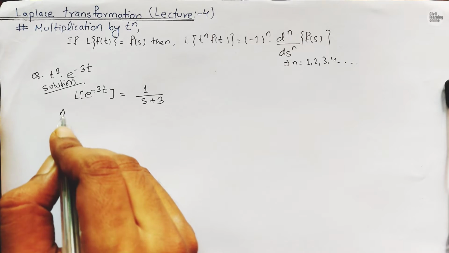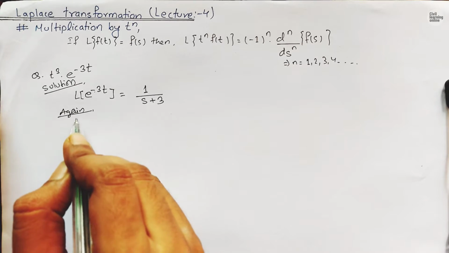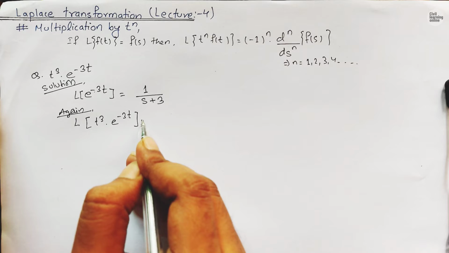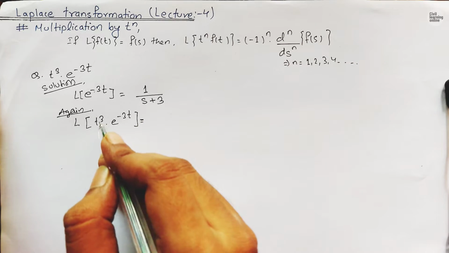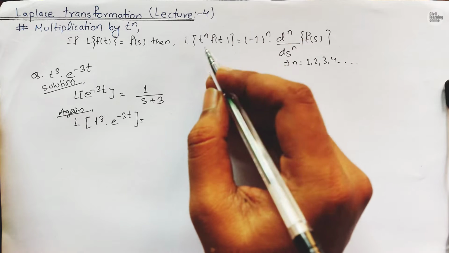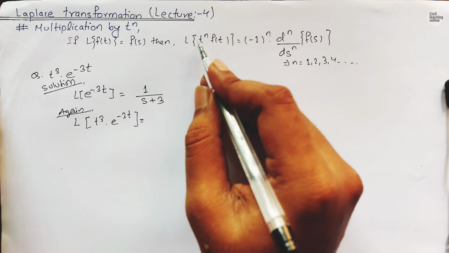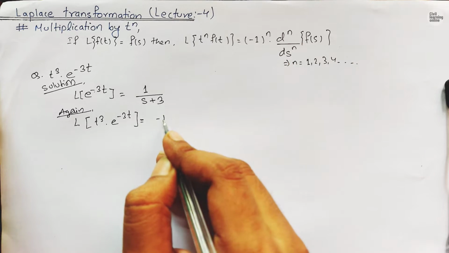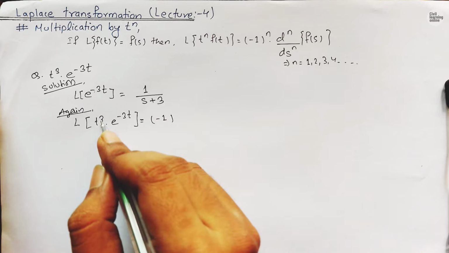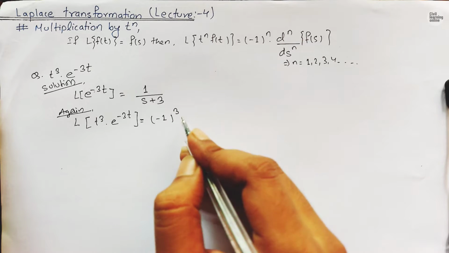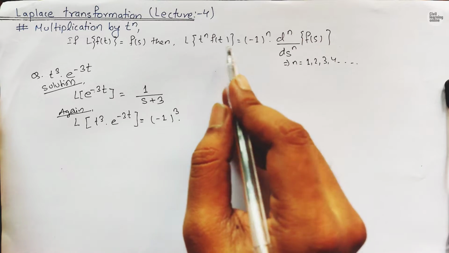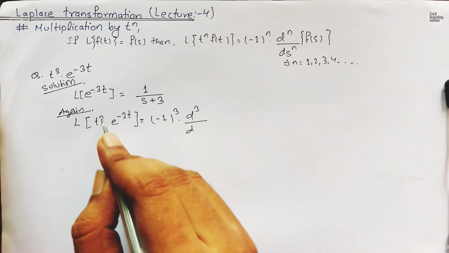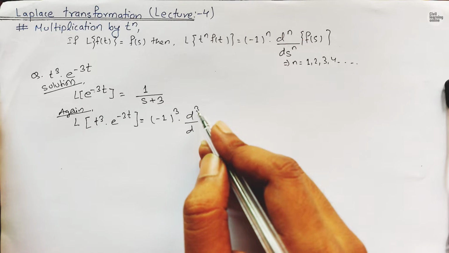Now again, the Laplace transformation of t cubed times e to the power minus 3t. We have t to the power 3, and now use the condition. We have the Laplace transformation of t to the power 3 times f(t). In place of f(t) we have e to the power minus 3t, so we have minus 1 to the power n, and in place of n we have 3, so minus 1 to the power 3 times, and we know that we have to do the derivative three times.